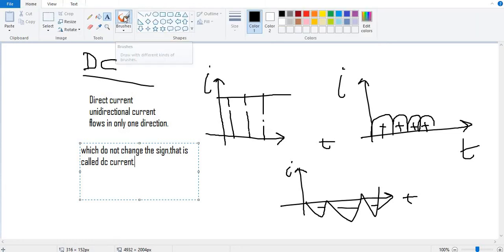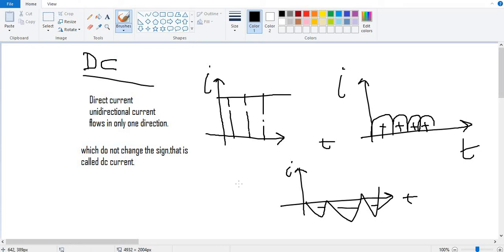After that, we have the direction of current. As we already saw, the direction of current cannot be changed in DC. And what is the DC source? The DC source will be this, minus and plus, and the current will flow in this direction. This is called the DC source.